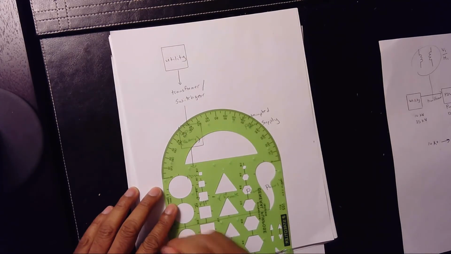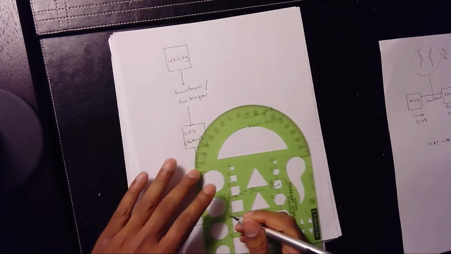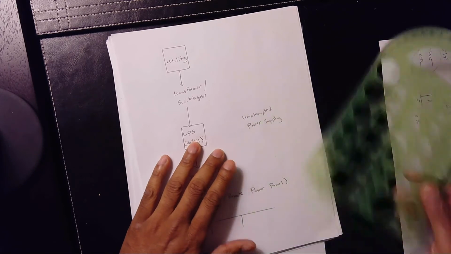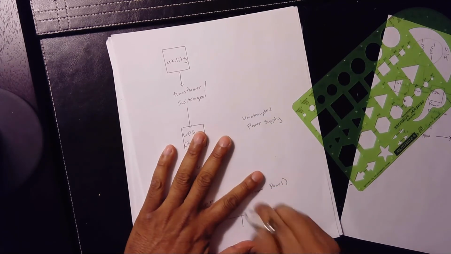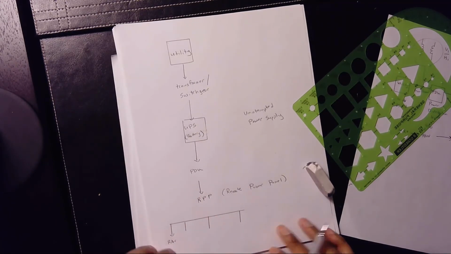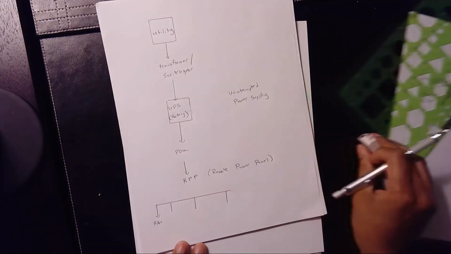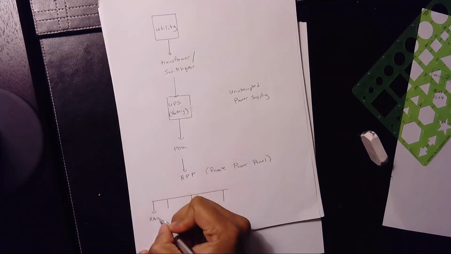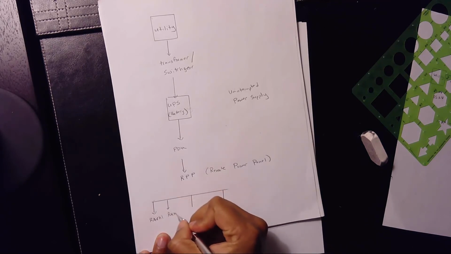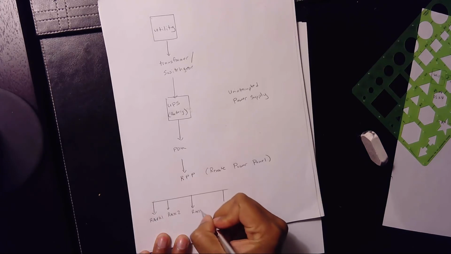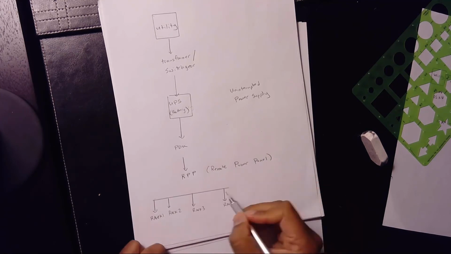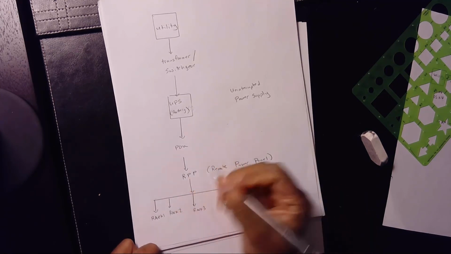So you'll have, let's say, rack 1, rack 2, rack 3, and rack 4, and so on and so forth. There can be multiple racks, right? So these are the layers you go through.